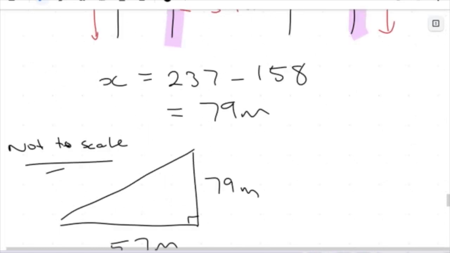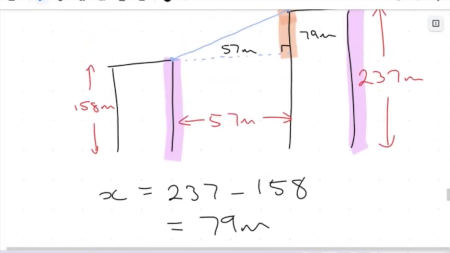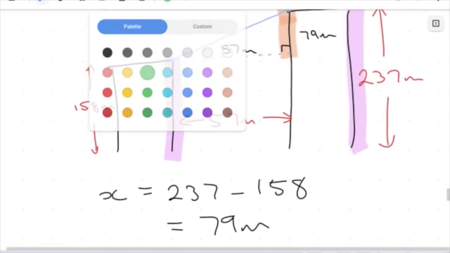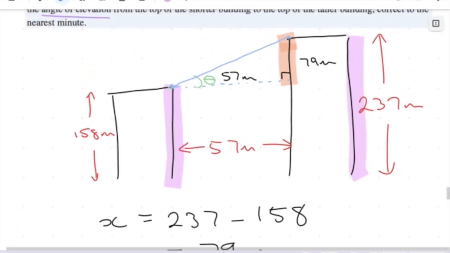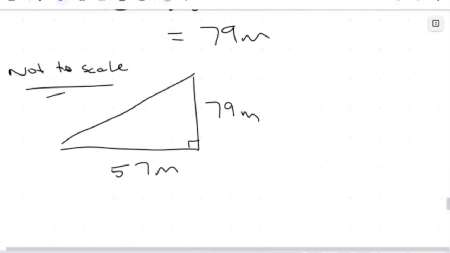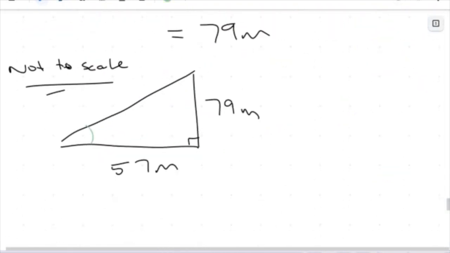Okay, and I'm finding the angle of elevation. So what angle is that? Well, the angle here between the horizontal to this point and the inclined bit that stretches from here to here. Okay, so I'm looking for this angle here, theta.